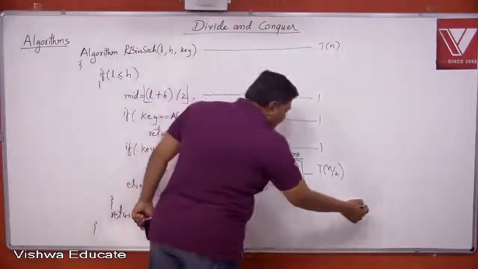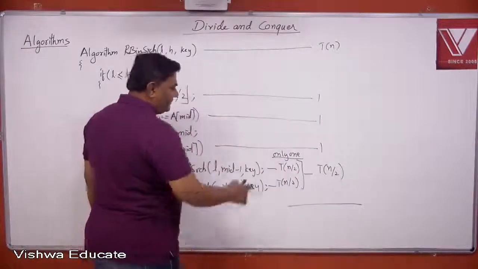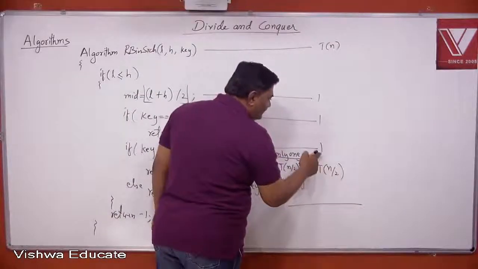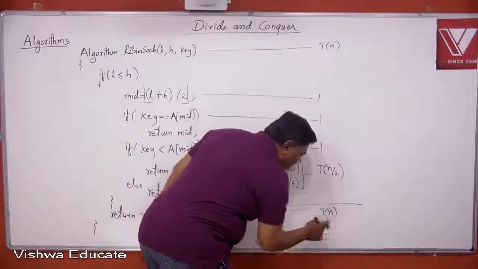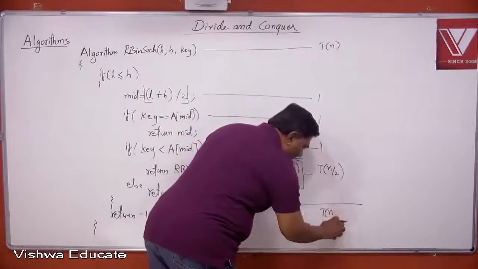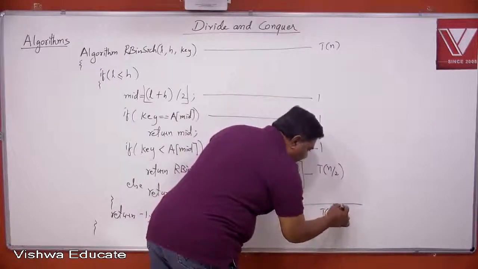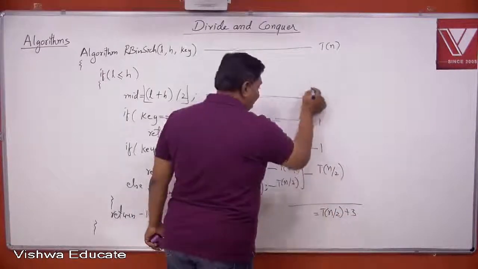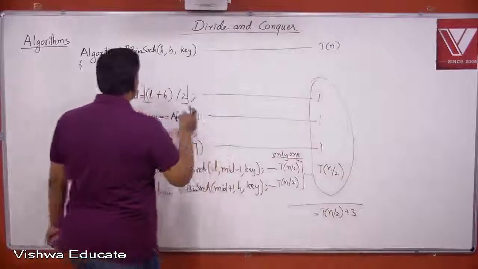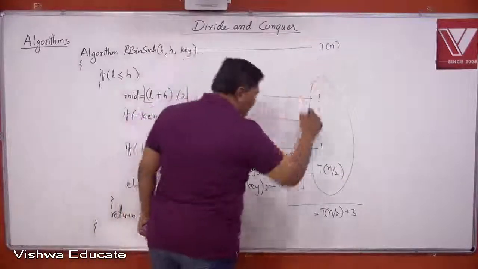Then what is the total time taken by this? T(n/2) plus 1, 2, 3. So T(n/2) plus 3. This is the time of the entire algorithm. So we are denoting the time as T(n).